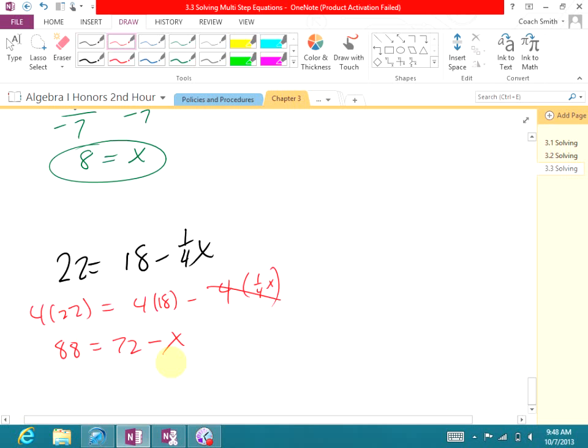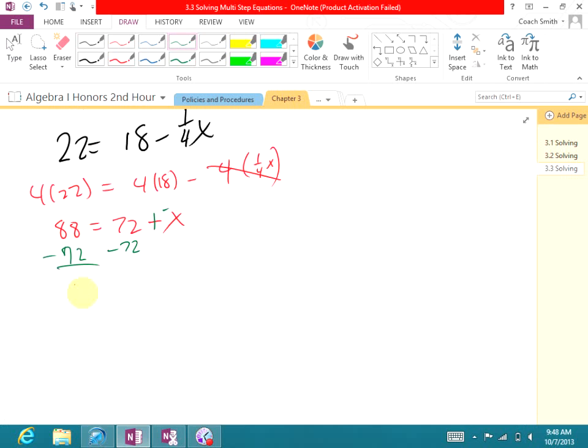Okay, and you can do it the same way. That's plus and negative. So I subtract 72, that gives me 16 is equal to negative x. Well, if negative x is equal to 16, what's positive x equal to? Negative 16. Okay?